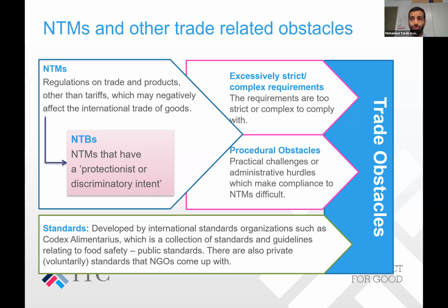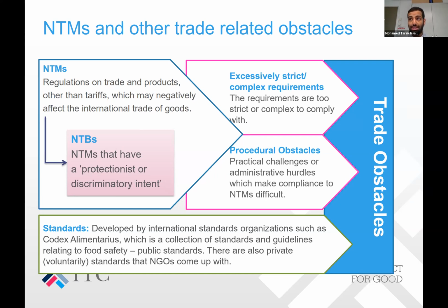If you think about the Codex Alimentarius, if you are familiar with that, these are some guidelines regarding food safety and good practices. So they are not imposed by the law, but maybe you have to think about that because your buyer will not accept the product unless you comply with that.